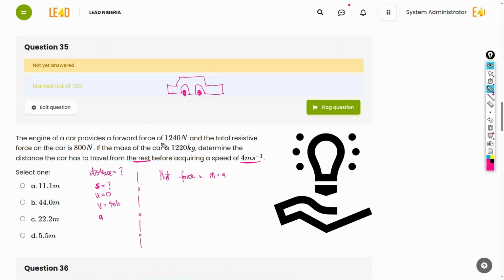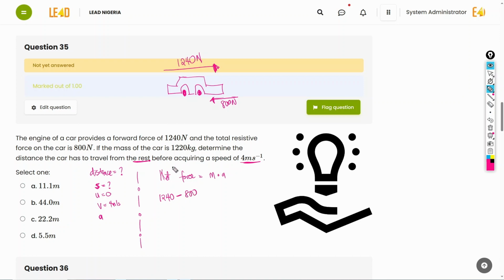There's a forward force of 1,240. So the car is pushing itself forward with 1,240. And then there's a resistive force, all right? So that could be air resistance and friction or whatever, but the total of all of them is 800 newtons. So the net force would be 1,240 minus 800, all right?